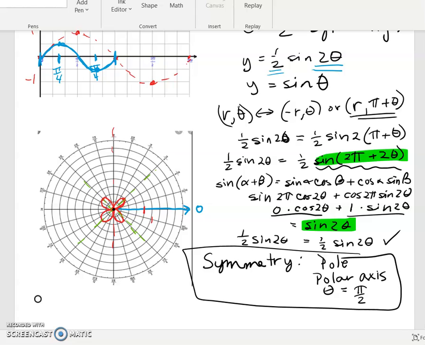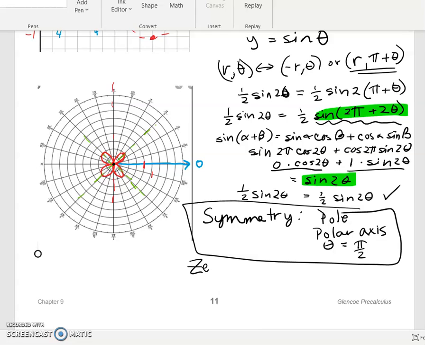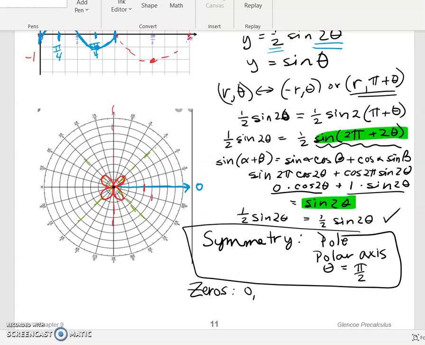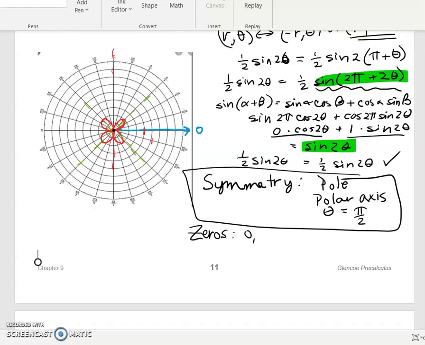We have zeros at 0, pi over 2, pi, 3 pi over 2, and then back at 2 pi.